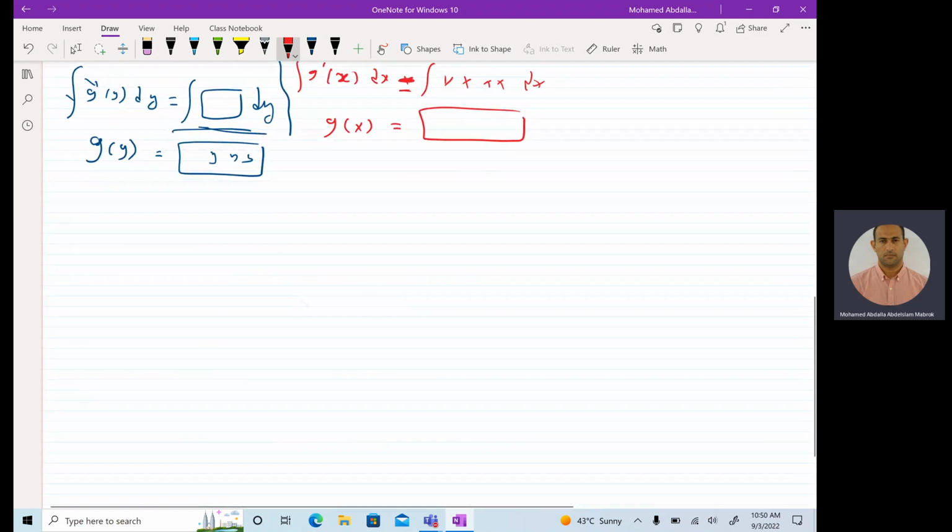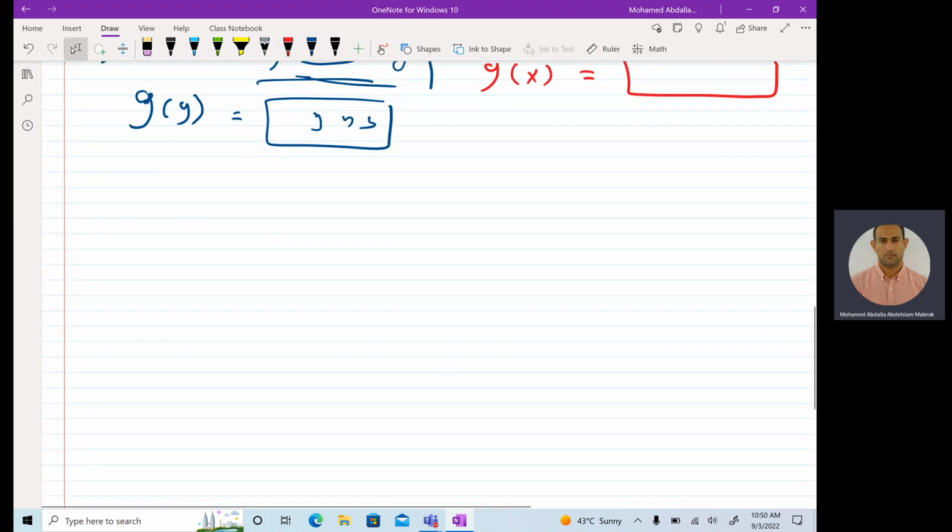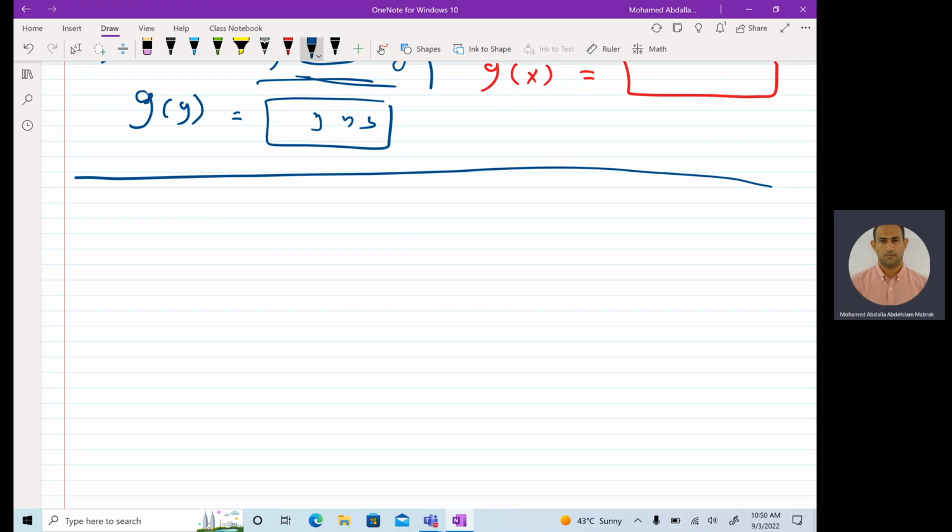There is another way to solve the exact differential equation as well, which is easy if M and N are easy to integrate. We can get something called f1, which is the integral of M dx, and also f2, which is the integral of N dy, without adding constants.